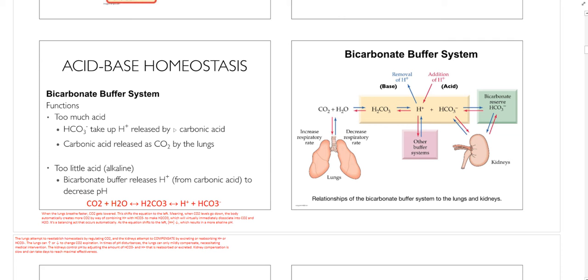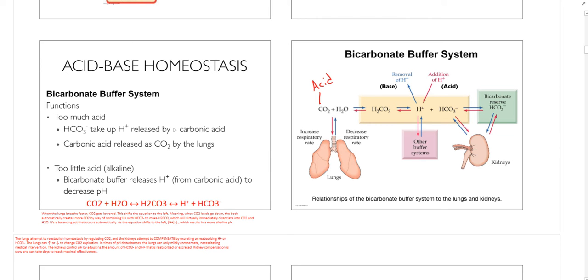The lungs and the kidneys are going to be the primary drivers that control acid base in the body. The lungs control acid base by either getting rid of or holding CO2. And remember, CO2 is an acid.